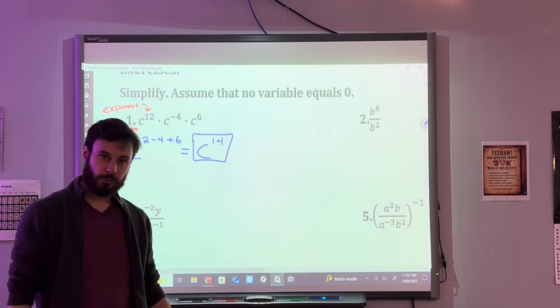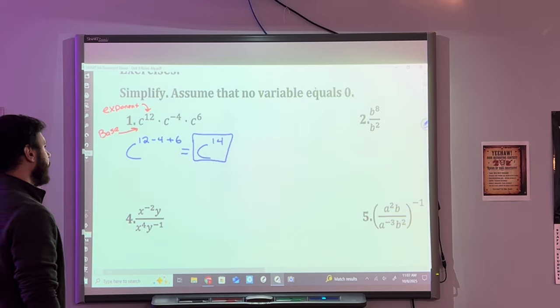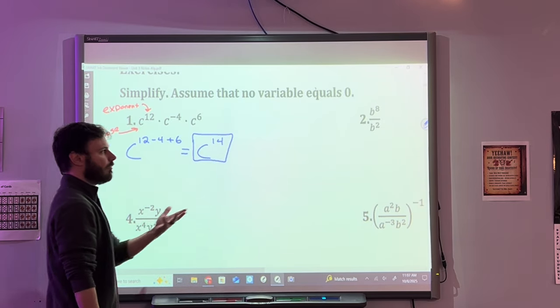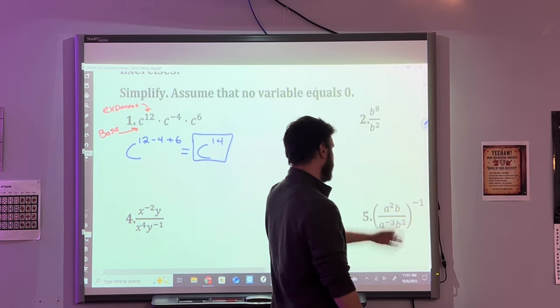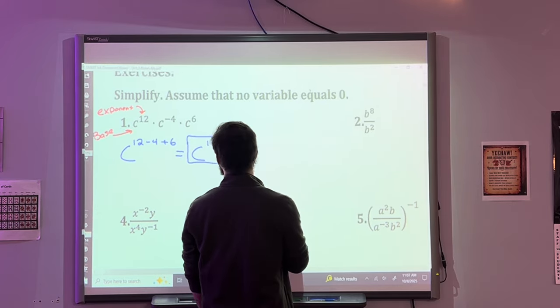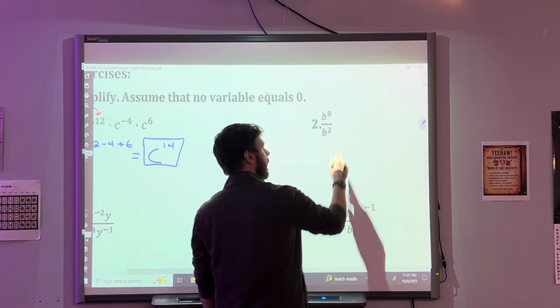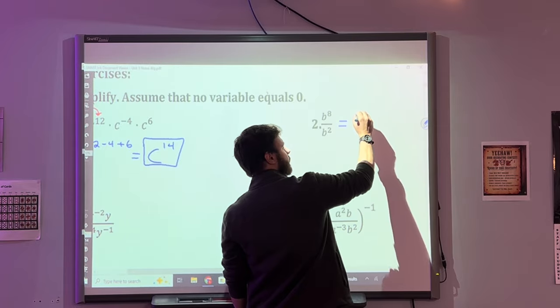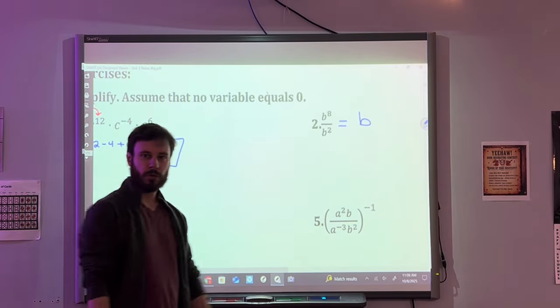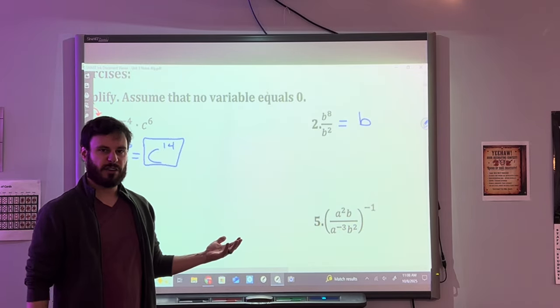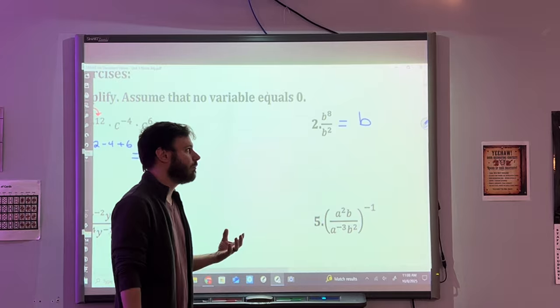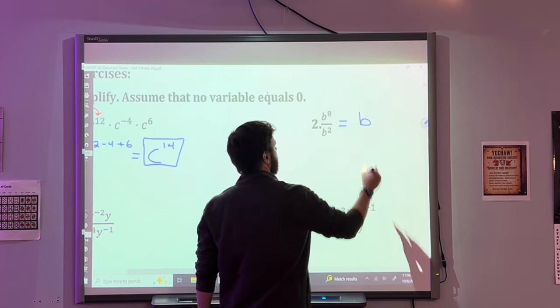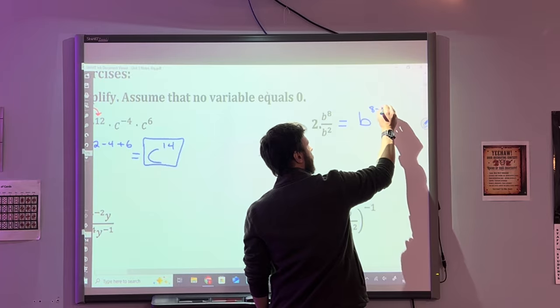Okay, that's the rule. Over here, we have B to the 8 divided by B to the 2. I want to take this and write it as one thing. Well, my rule says that if I'm dividing exponents with the same base, I subtract them. 8 minus 2.